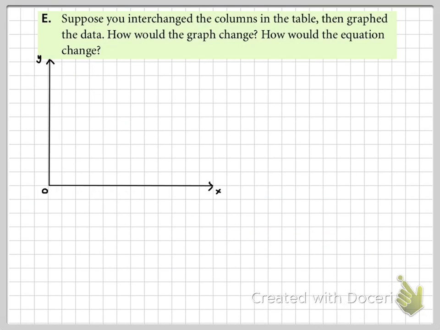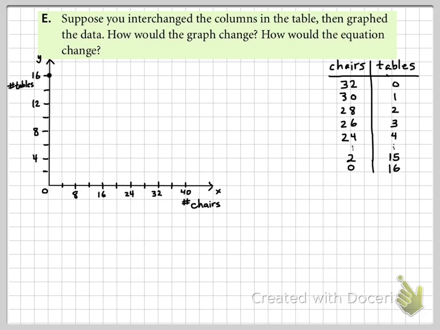Suppose you interchange the columns, and then you graph the data. How would the graph change, and how would the equation change? Well, if we did it differently, we could say that the tables and the chairs could be interchanged. Now we're going to have chairs on the x, tables on the y. Chairs comes first and then tables.